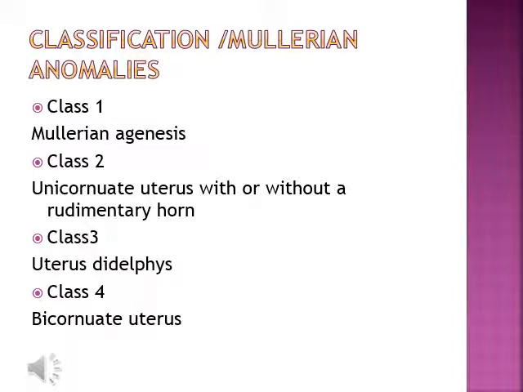Next is class 3, that is uterus didelphys. It is a malformation where there is a double uterus with two separate cervixes, and possibly a double vagina may be present. Next is class 4, that is bicornuate uterus, where the uterus appears heart-shaped and has two conjoined cavities, whereas a typical normal uterus has only one cavity.